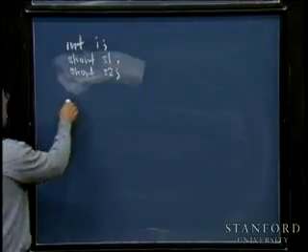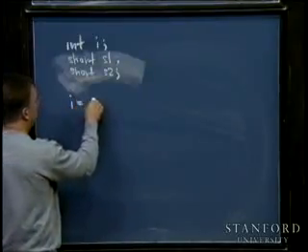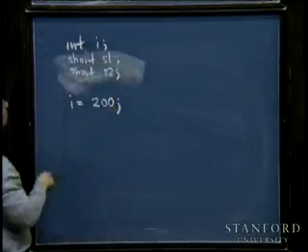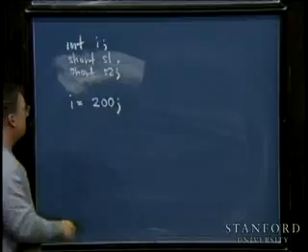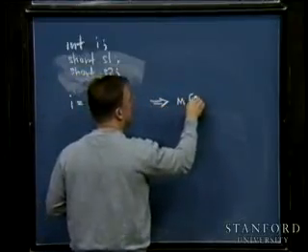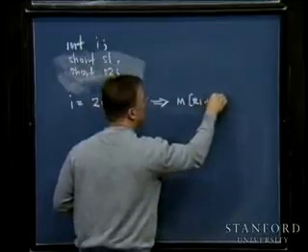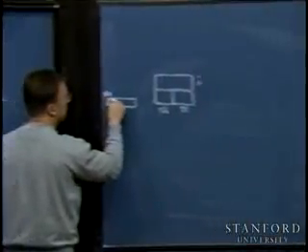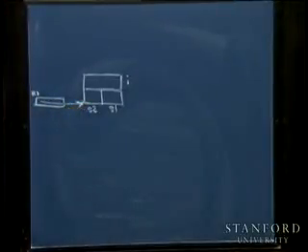If I do this, that's more or less the same as that instruction up there with a different number. This would translate to M of R1 plus 4, assuming that the register R1 has been set to point to that right there.